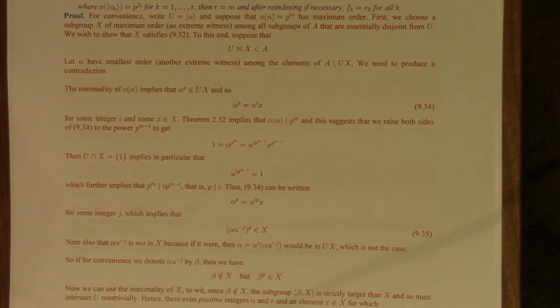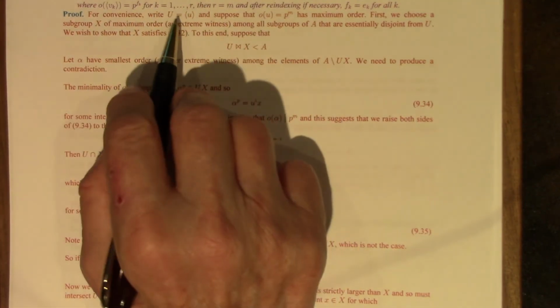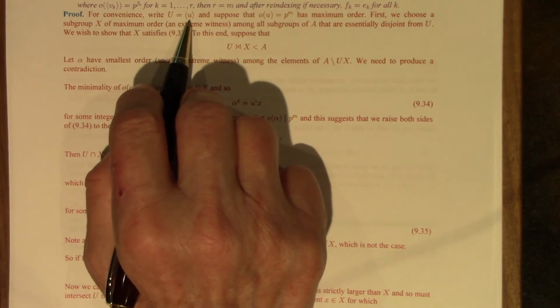Sometimes when you don't know what to do, you say to yourself, let me find an extreme witness to something, and maybe that'll give me a clue where to go next. Now, we're working on this peeling off of this cyclic subgroup, where U has maximum order among all the elements of the group.